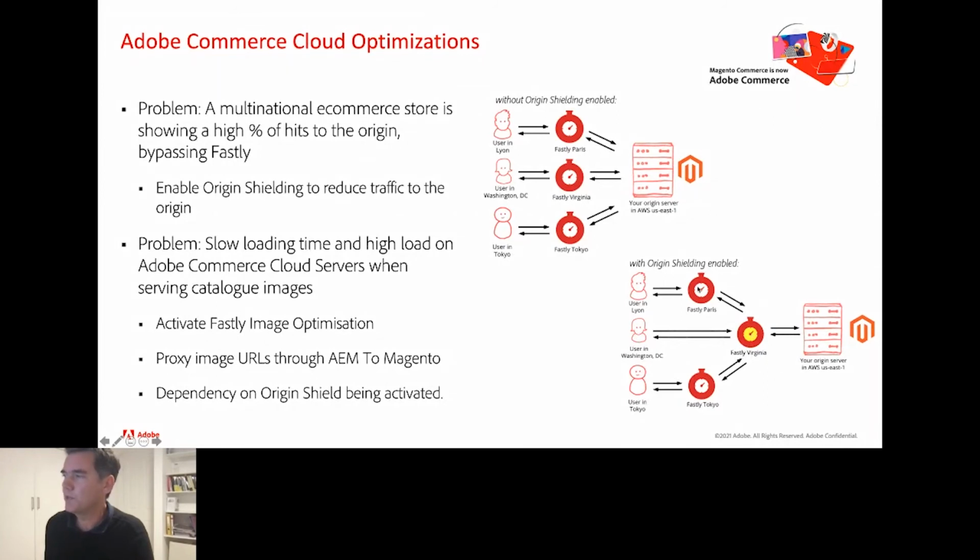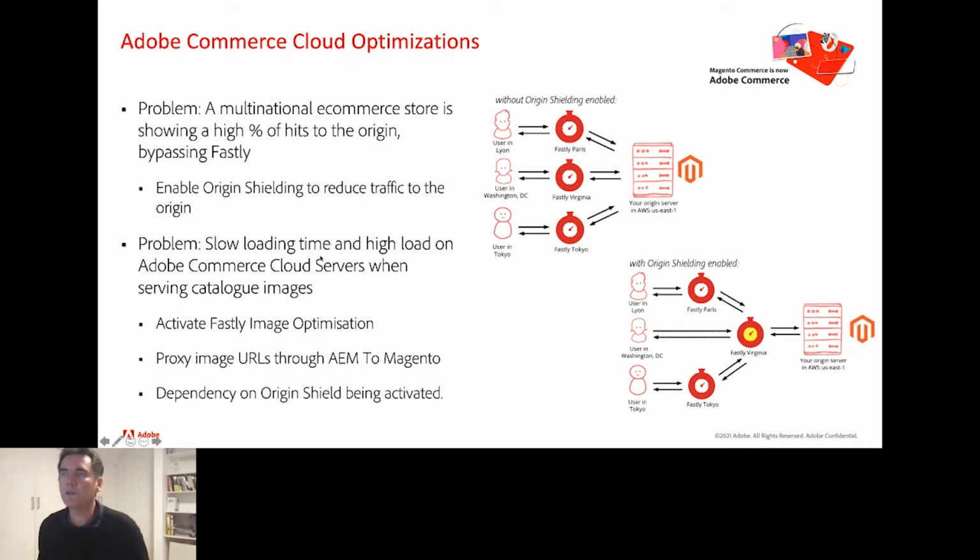But every other edge location, instead of hitting the origin server directly, would be calling the origin shield in Fastly Virginia. So this reduces load on the e-commerce Magento site. You should always choose the origin shield closest to your origin's data center and not your visitor's location, although usually these should be the same.